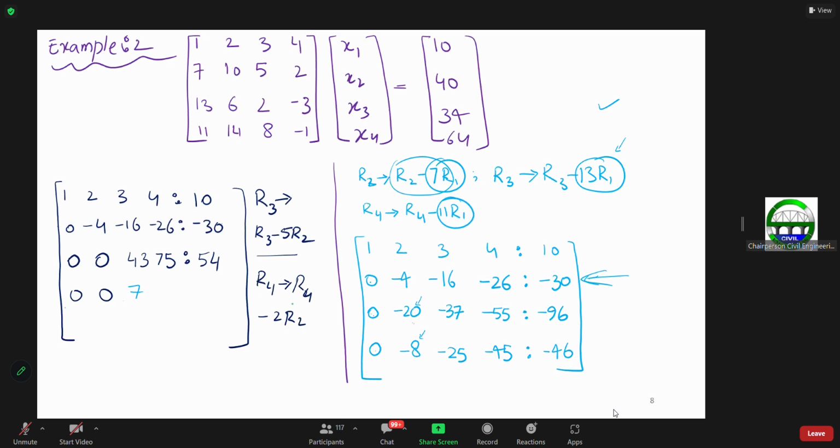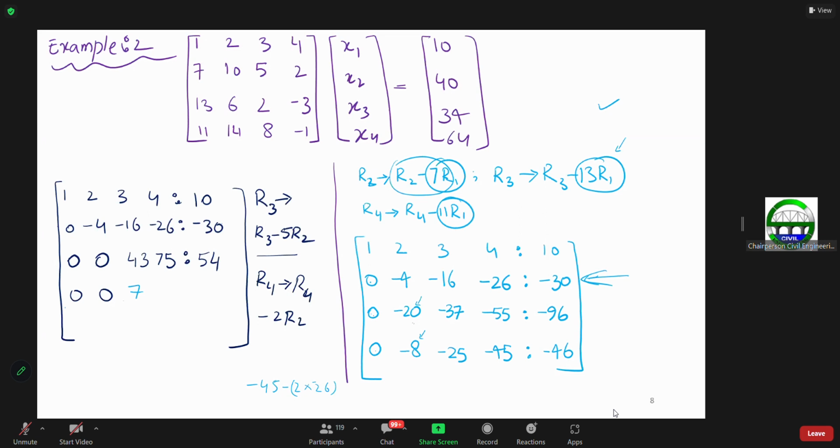Let me write. R4 is equal to minus 45 minus 2 into 46, minus and minus should be, and it will be, let me calculate with my calculator.